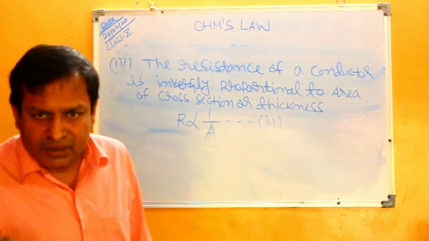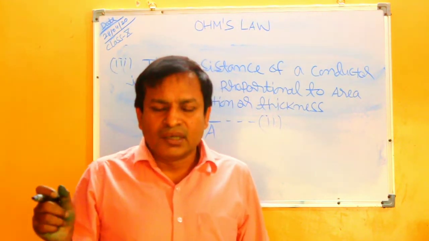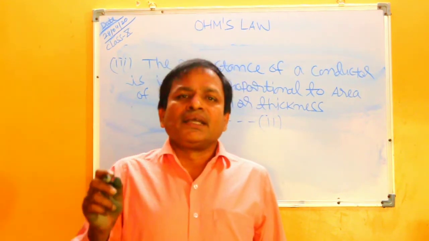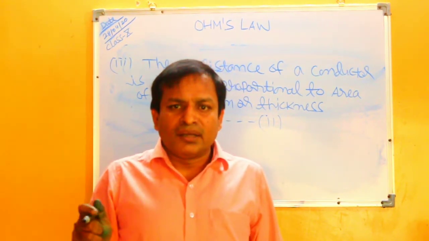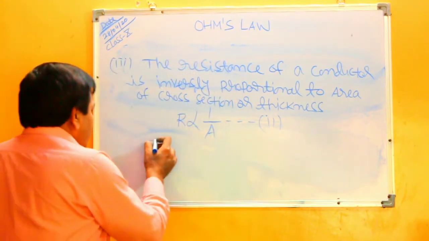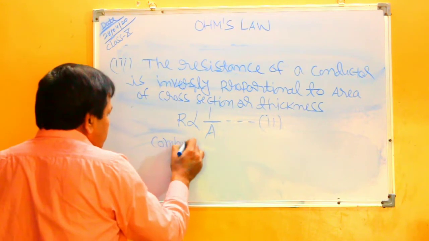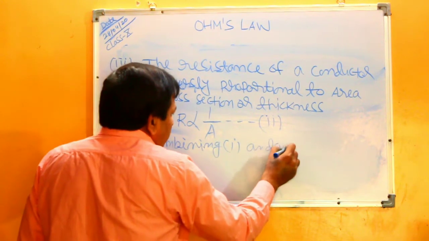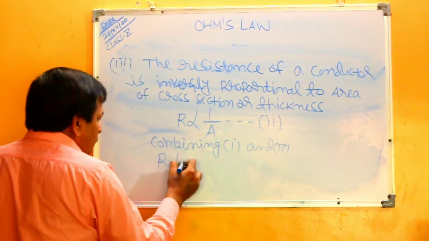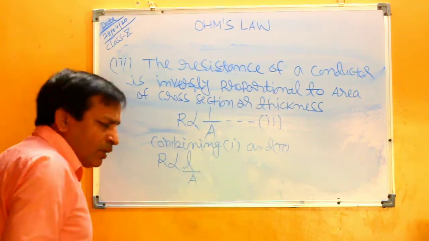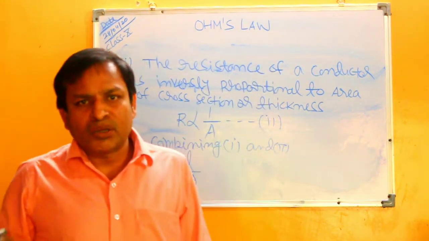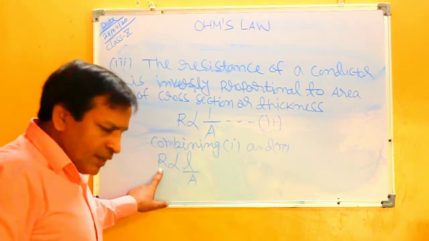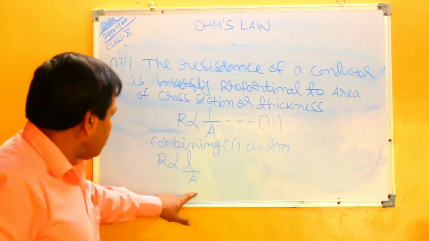First was R is proportional to the length of the conductor, and second is R is inversely proportional to the area of cross section, that is the thickness of the conductor. Combining 1 and 2, we get R proportional to L by A. It means in a single equation, R is proportional to length and inversely proportional to area of cross section.